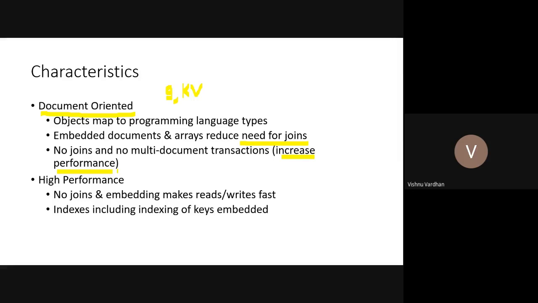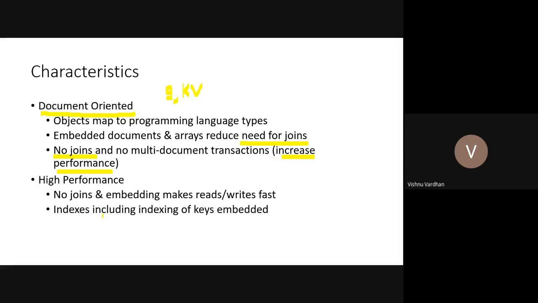So only some selected criteria applicable rows you are going to fetch, and accordingly they are going to be combined, and accordingly a new view is going to be created, and that is going to be your result set. So in that way, some processing penalty will be there in RDBMS, whereas as there are no joins in MongoDB, there is no performance penalty as such when you are pulling out the data from the MongoDB.